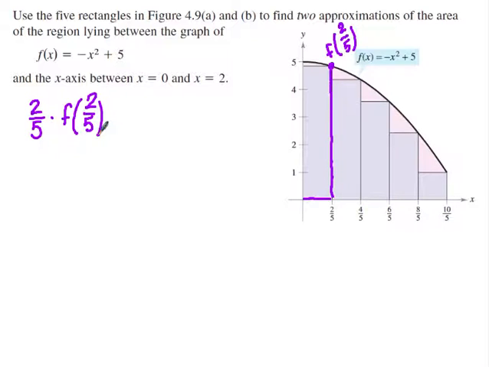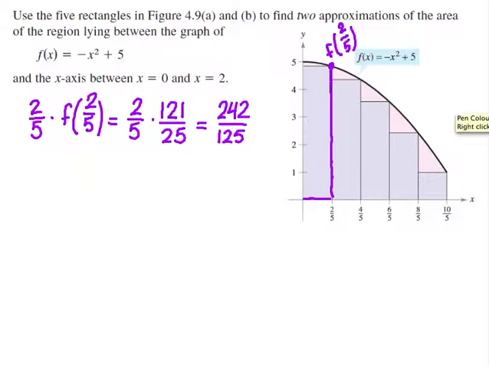How you find f of 2/5 is you plug in 2/5 for x in the original formula. So in this case, I'm going to take negative 2/5 squared and add 5. That's 121 over 25. So I end up having 2/5 times 121 over 25, which comes out to be 242 over 125. Good.